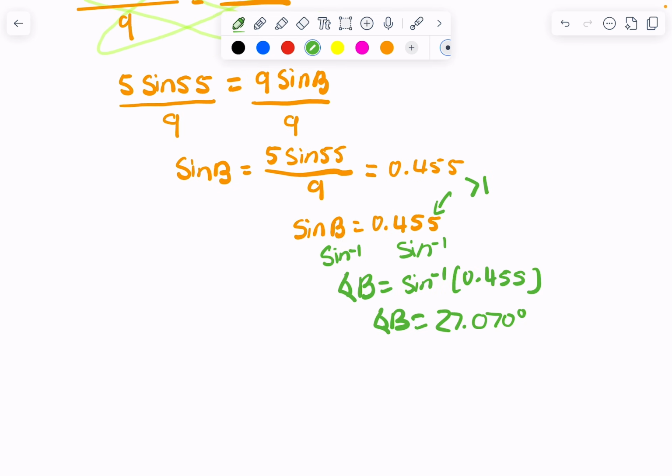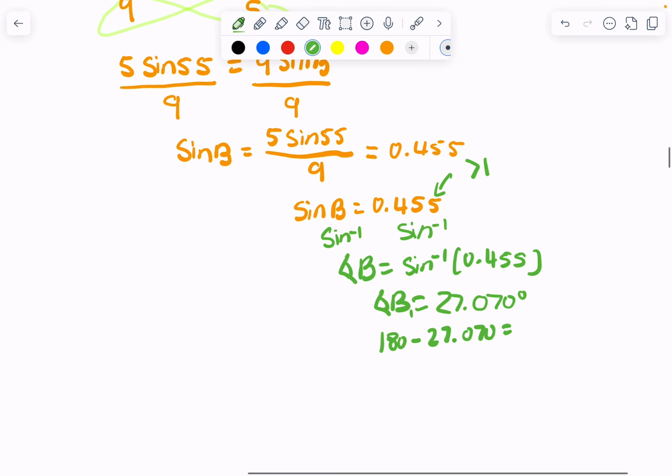But yeah, since you know angle B, you can find its other angle. We're going to label this angle B1. And to find its other angle, you just do 180 minus 27.070, which is 152.93 degrees.